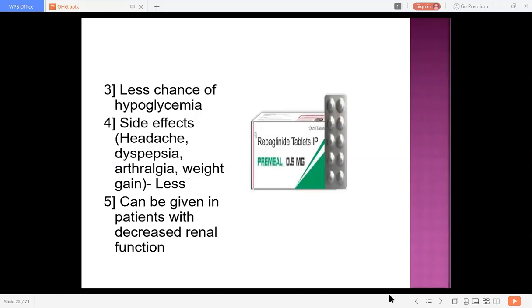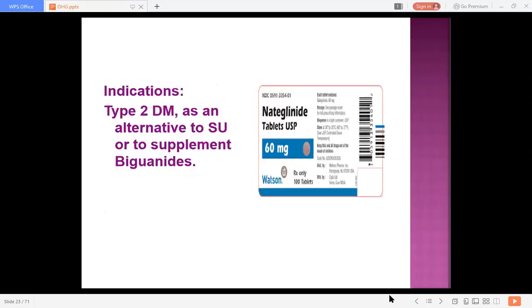There is less chance of hypoglycemia. Side effects: headache, dyspepsia, arthralgia; weight gain is less. Can be given in patients with decreased renal function. Indications: type 2 diabetes mellitus as an alternative to sulfonylureas, or to supplement biguanides.